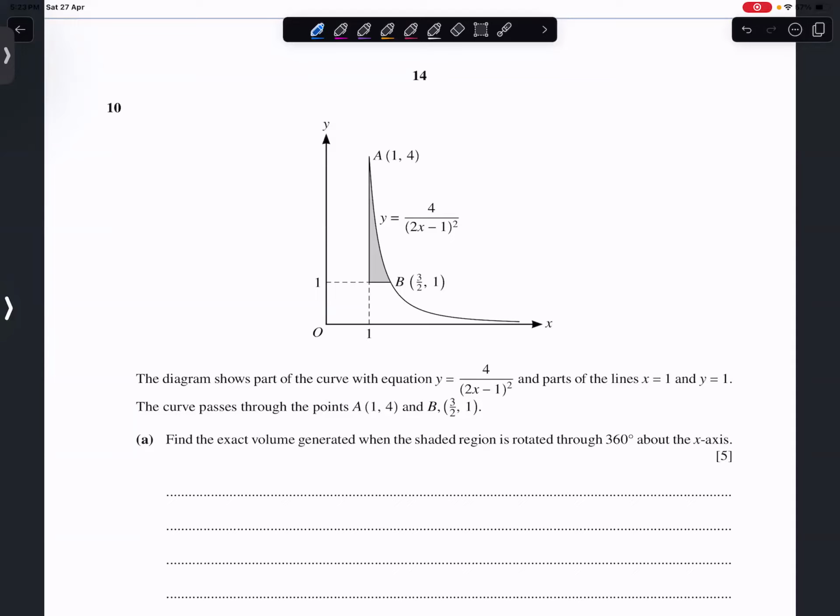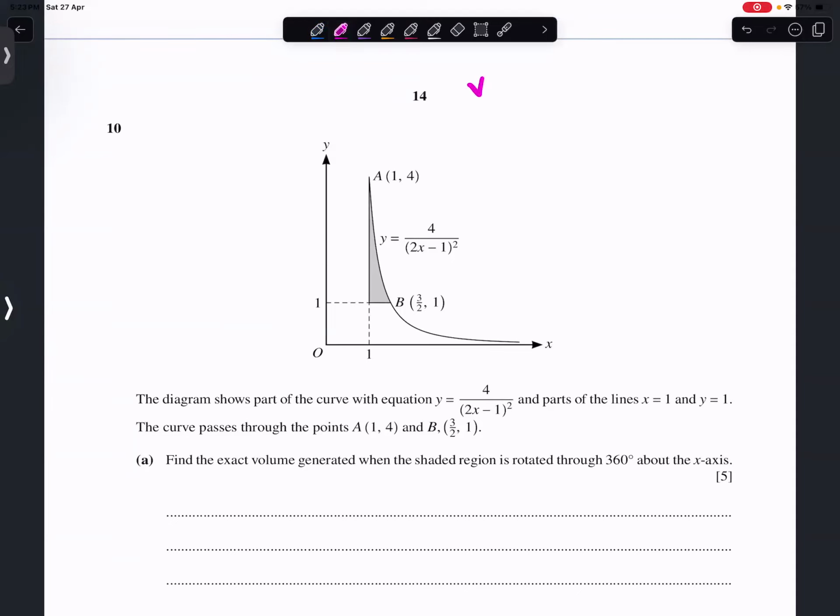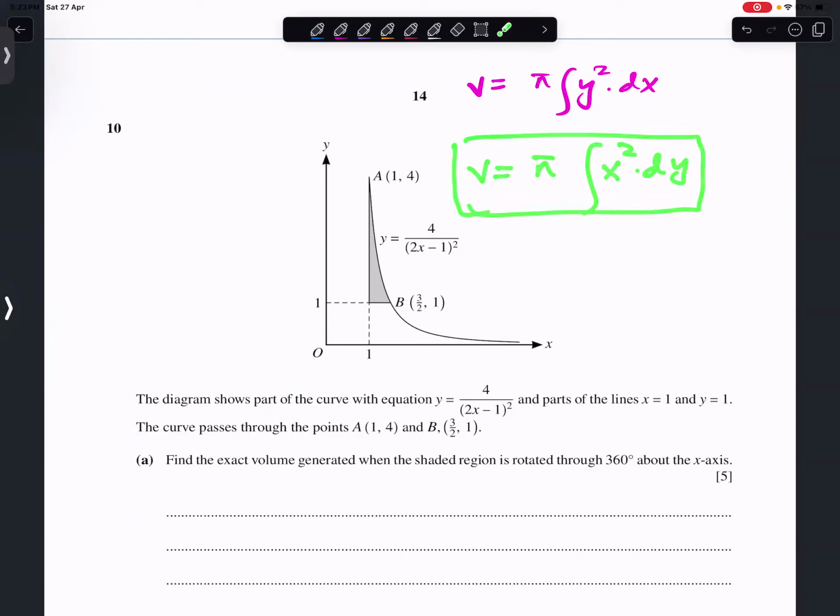Students, as you know, the formula for volume, if you rotate any curve about the x-axis, is pi times y square dx. You will use this formula when you rotate a graph about the x-axis, and the other formula is pi into x square dy if you rotate a graph about the y-axis.